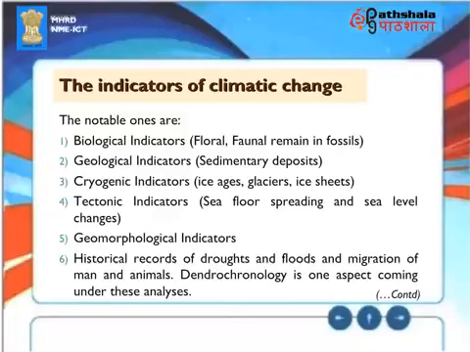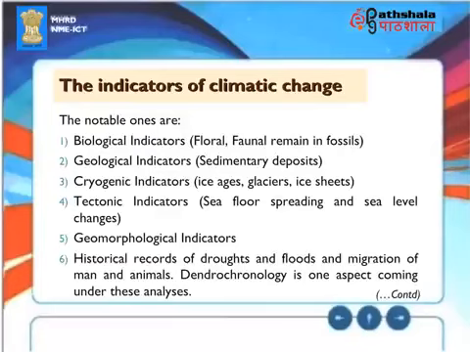Geological indicators: sedimentary deposits. Cryogenic indicators: ice ages, glaciers, ice sheets. Tectonic indicators: sea floor spreading and sea level changes. Geomorphological indicators: historical records of droughts and floods and migration of man and animals.